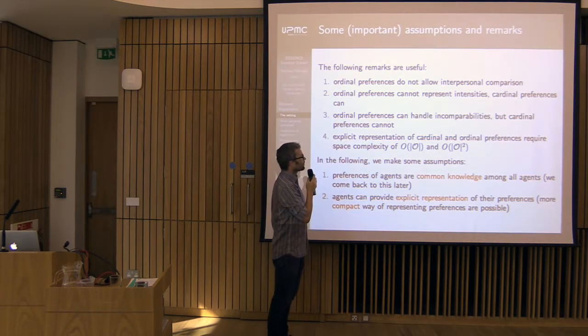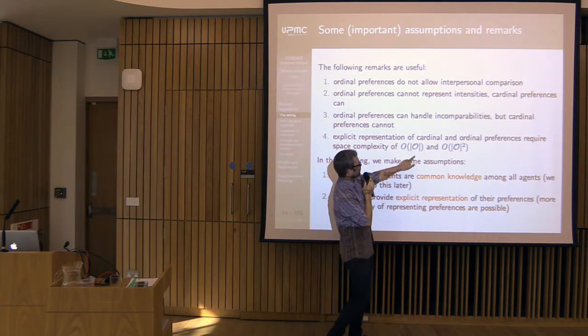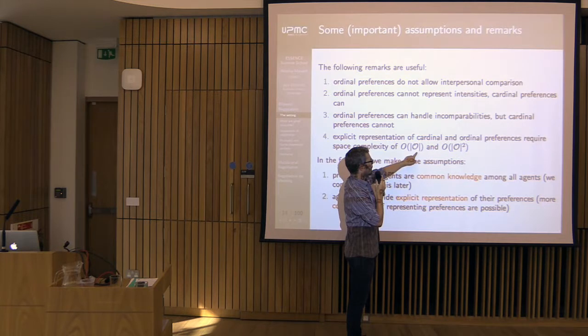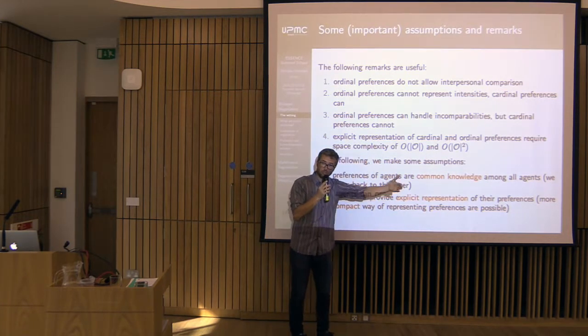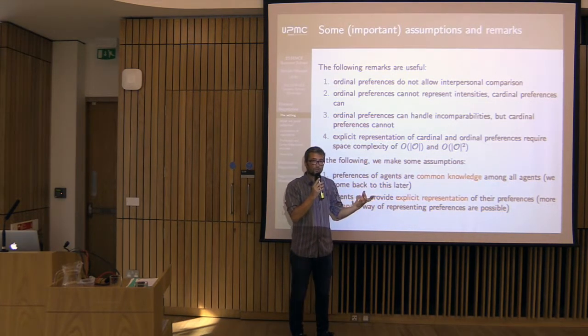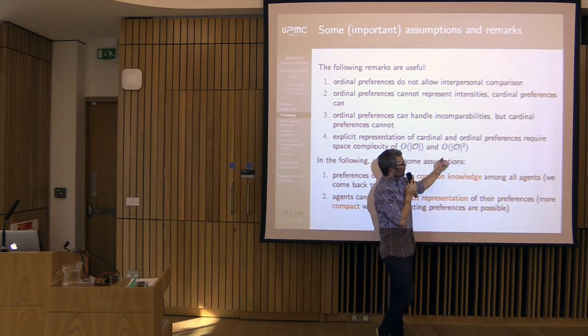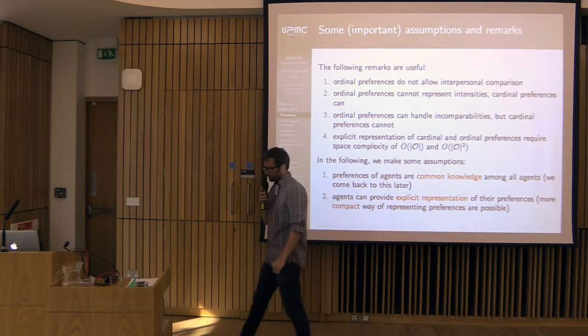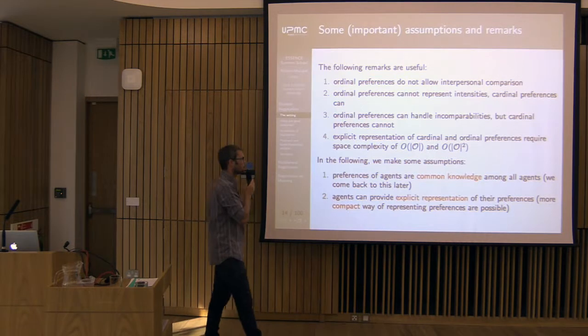If I want to represent explicitly cardinal or ordinal preferences, the size of the preference structure that you will obtain in the end is the size of the outcome set if you have a cardinal utility. For each possible outcome, I give a value, for instance, like in the tables that I had. And if it's an ordinal representation, you would have to express all the different comparisons, so that would be quadratic.